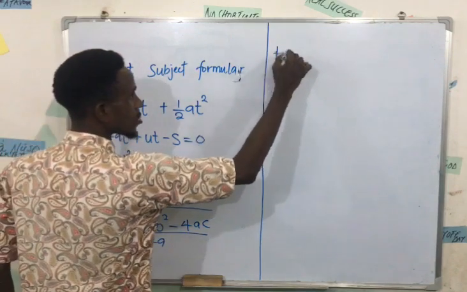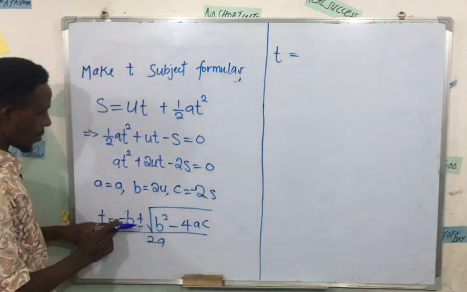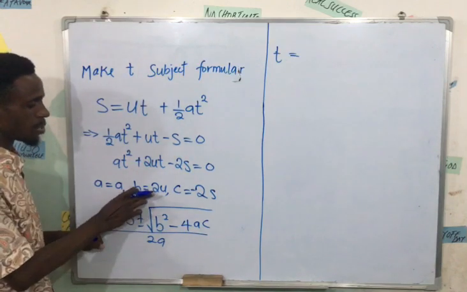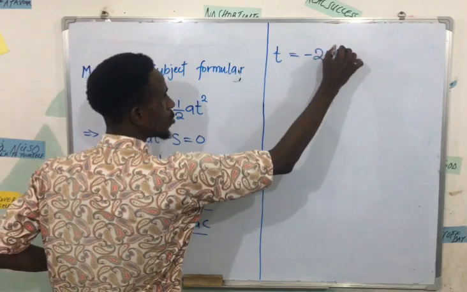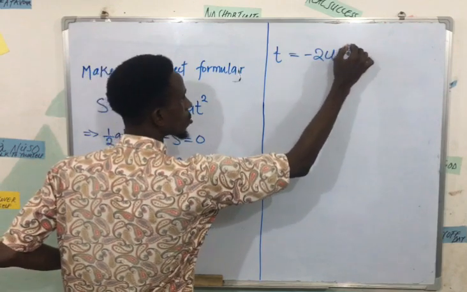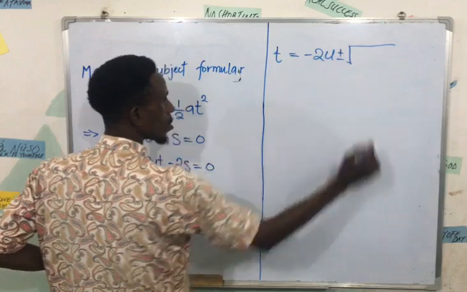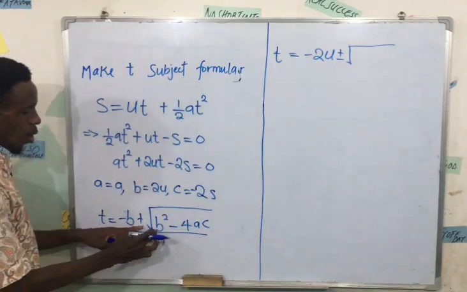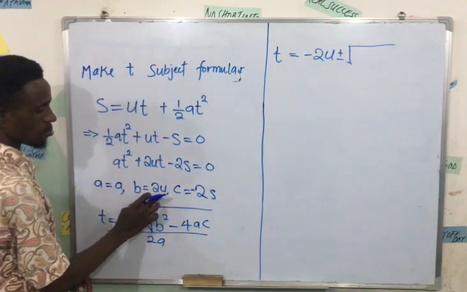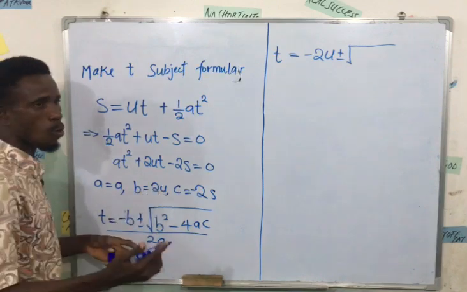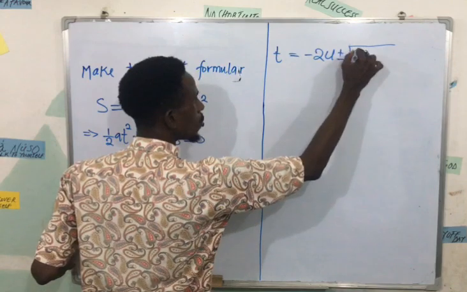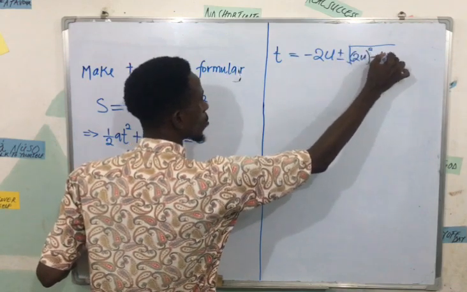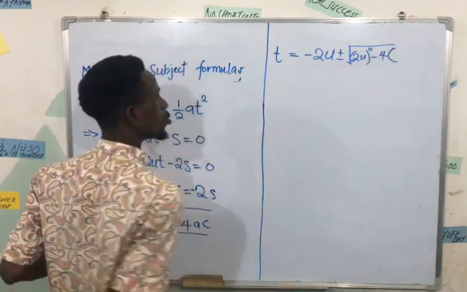Now making t the subject of the formula, I'm having minus b, and what's my b? My b is 2u. So I have minus 2u plus or minus the square root of b squared, that's 2u squared. So if I square 2u, I'll have 2u all squared minus 4 into my a here.